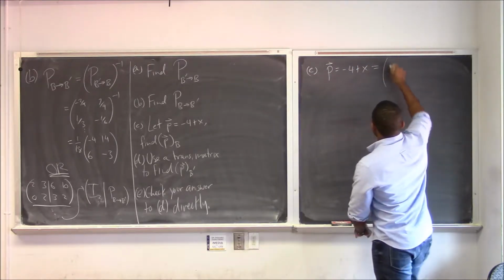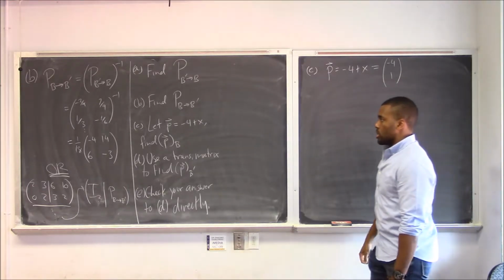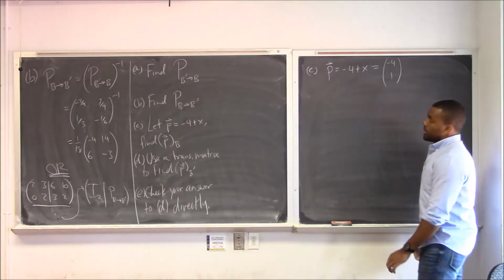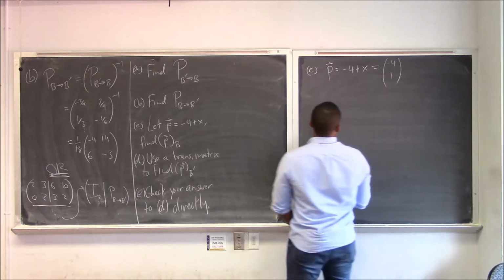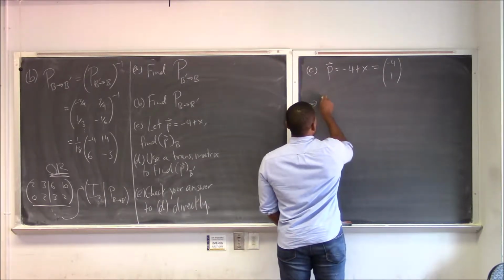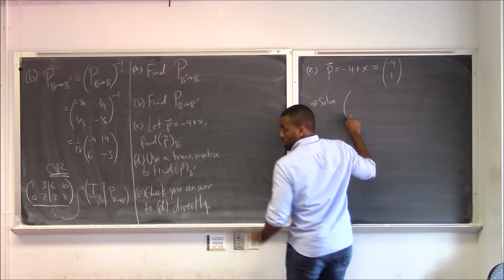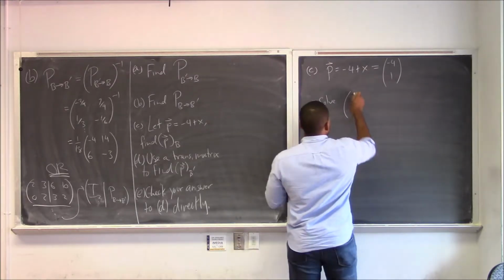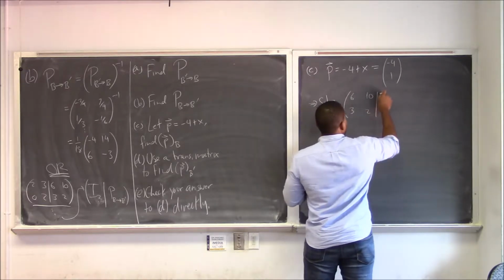This I'll think of as equivalent to minus 4, 1. I need to find that guy's coordinates in terms of the basis B. You augment with B and that. Right? So this implies we need to solve for the basis B. What was the basis B? 6, 3, 10, 2. Minus 4, 1.